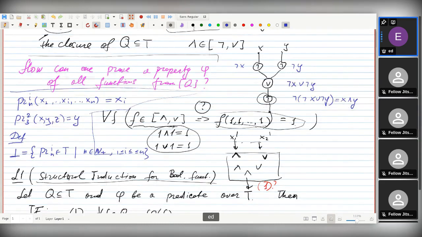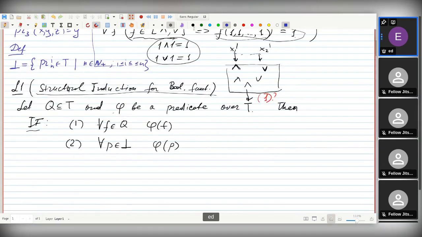Okay. So if we are given some property phi, which is satisfied by everything in Q, by every projector, and the most important, this property is preserved by so-called superposition.